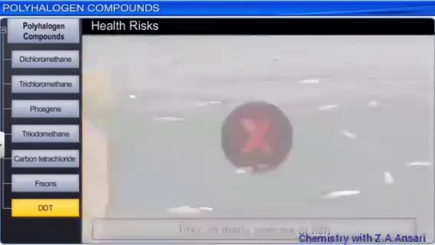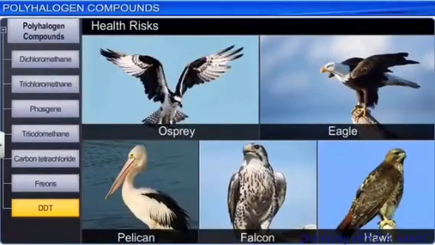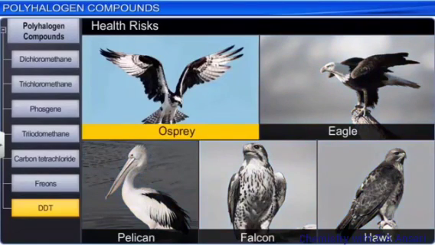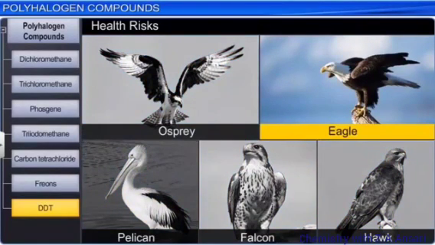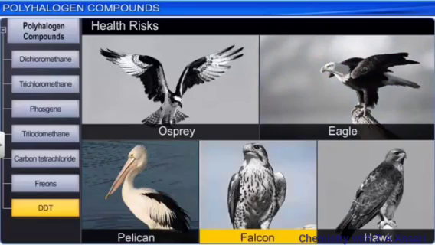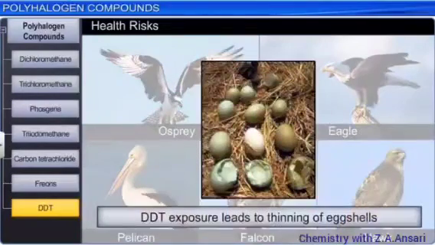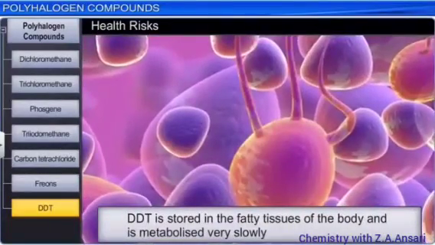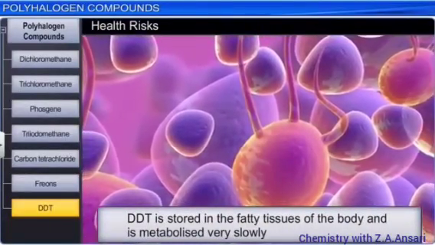For certain species of birds, such as ospreys, eagles, pelicans, falcons, and hawks, DDT exposure leads to thinning of eggshells, causing serious population declines. DDT is stored in the fatty tissue of the body and is metabolized very slowly.